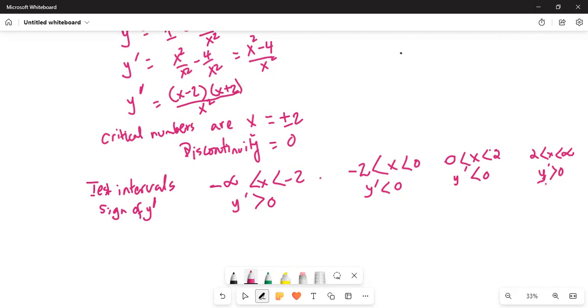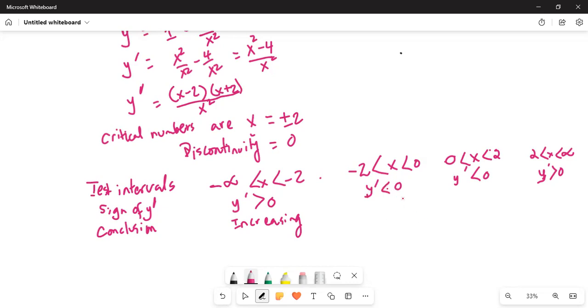Okay. So what is my conclusion in the different intervals? When y prime is greater than 0, the function is increasing. It is decreasing when y prime is less than 0.